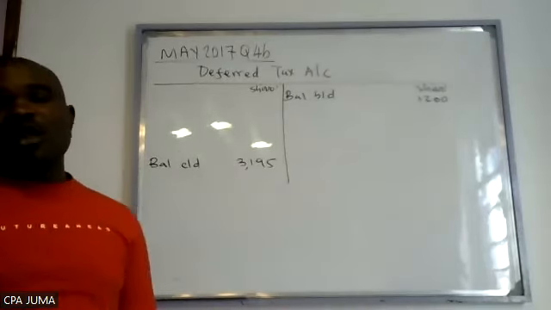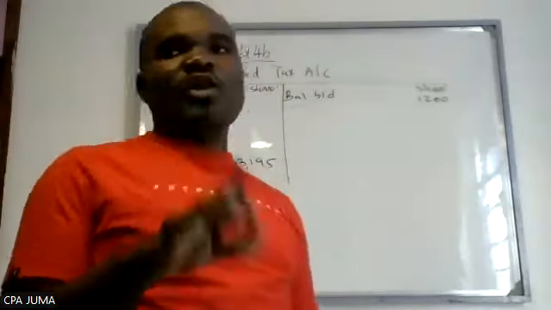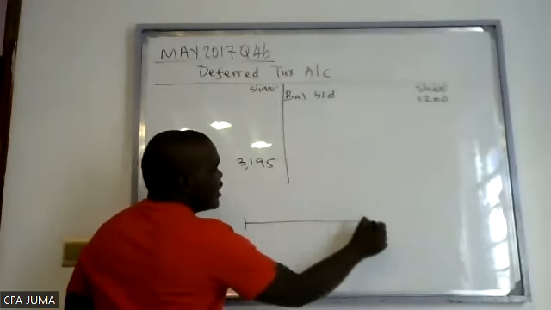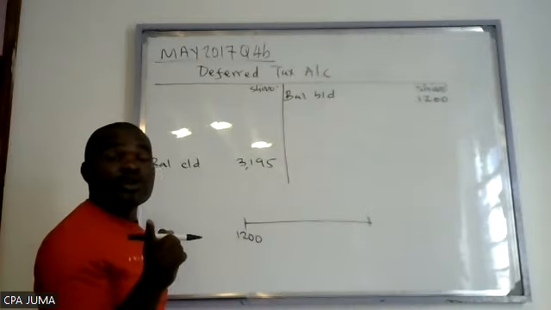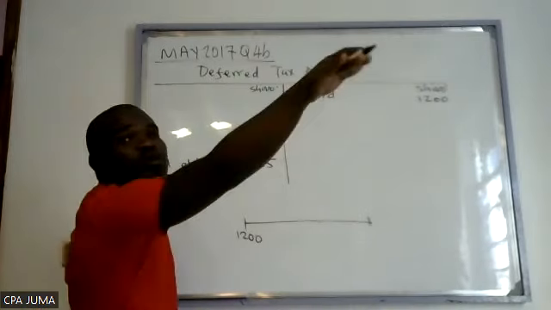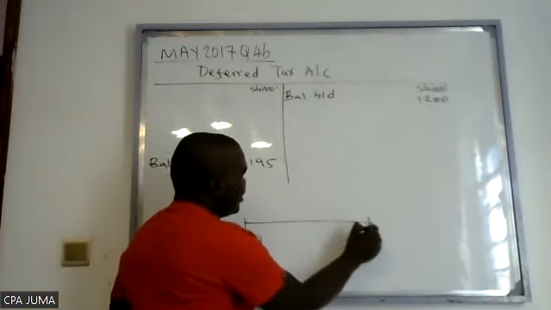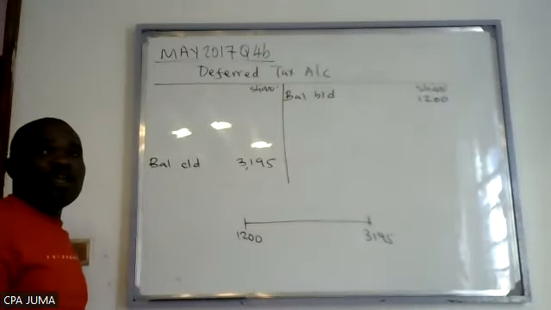Correct. Now, here is something small they like very much. Check here. Deferred tax, when we started the year, there was a provision. This is a provision. Deferred tax is always a provision for future. So there was a provision of 12. When closing, the provision is 31.95.